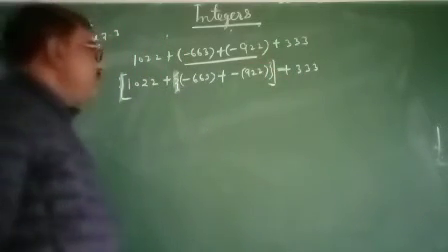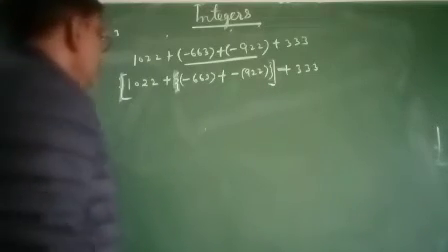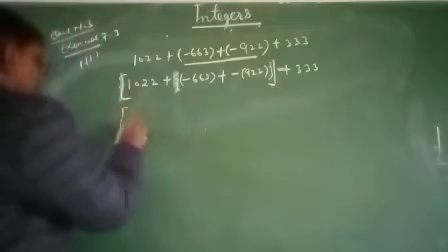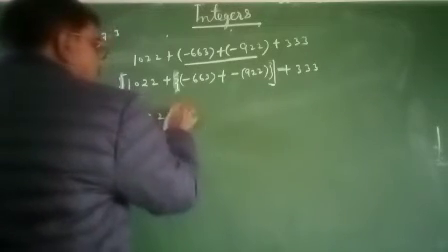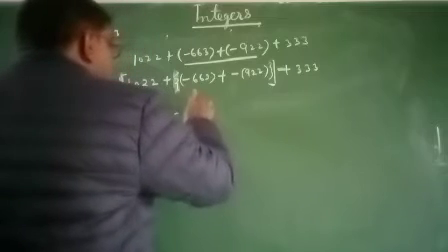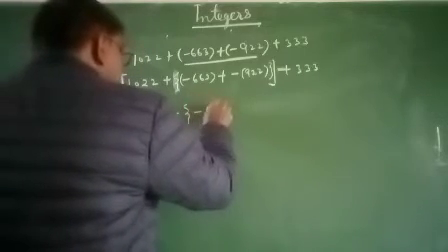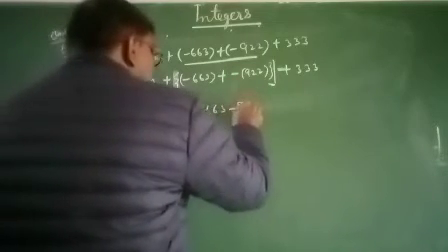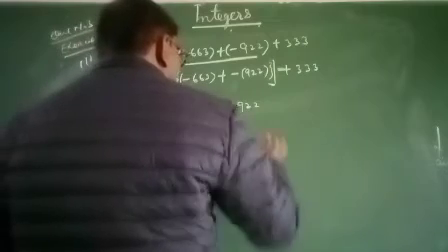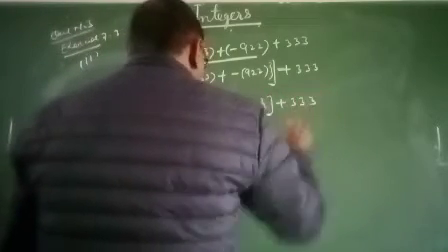So first of all I will add these numbers. It will be equal to 1022 and here will be minus 663 plus minus will be minus, and it will be 922 plus 333.